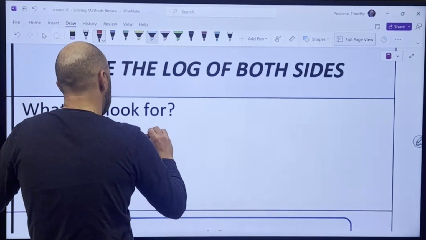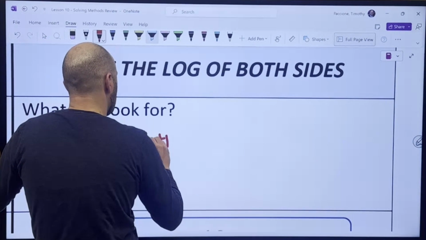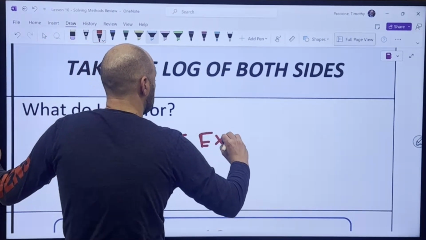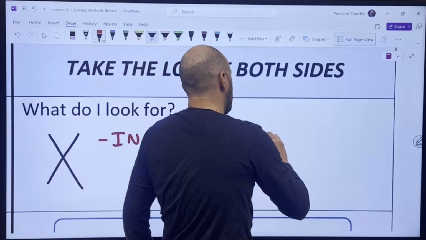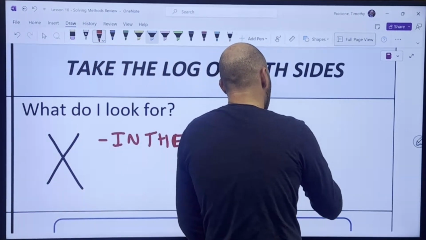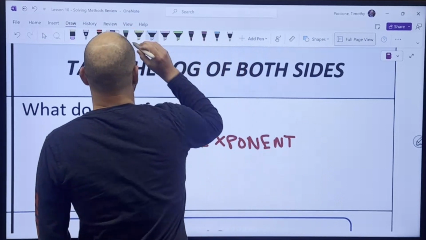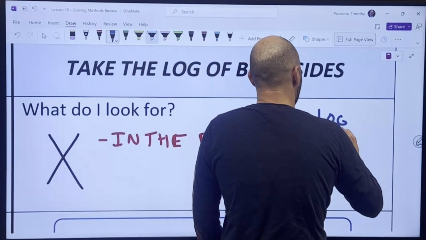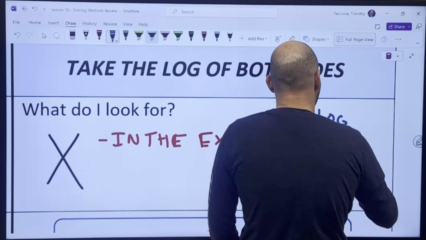In the exponent of either the log or an exponential equation.